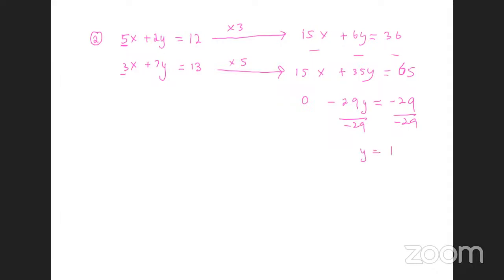And then you write here, when y is 1, you're going to get 5x plus 2 by 1 is 12. So 5x plus 2 is 12. 5x is 12 minus 2. 5x is 10. x is 2. And that's it. You write your answer 2, 1.